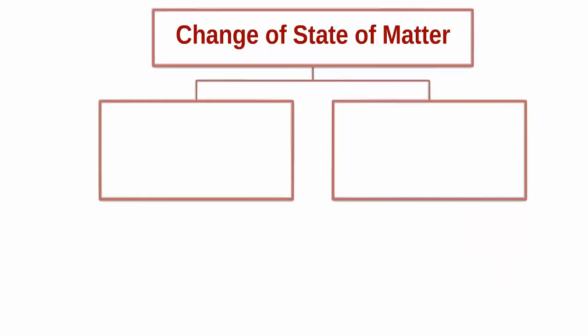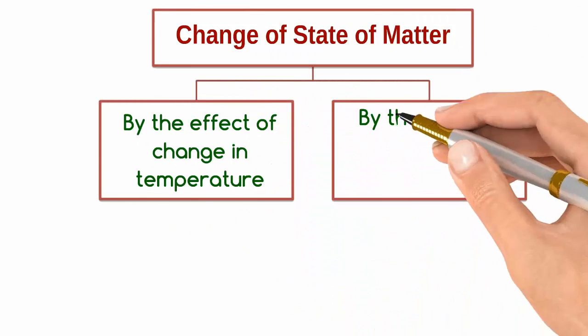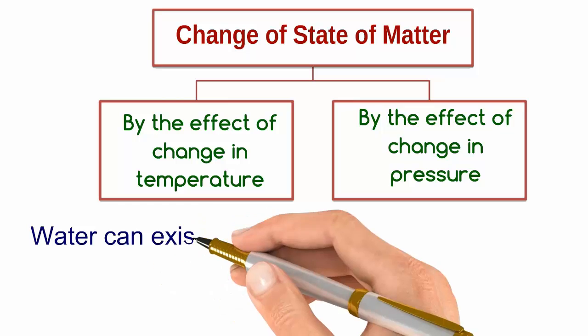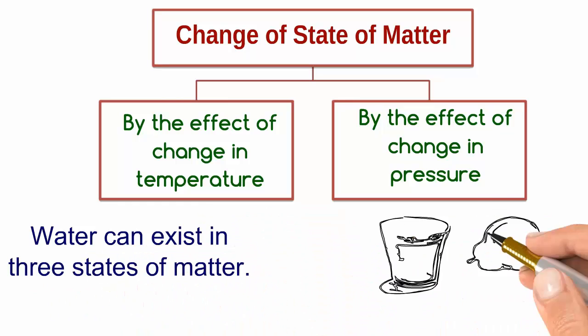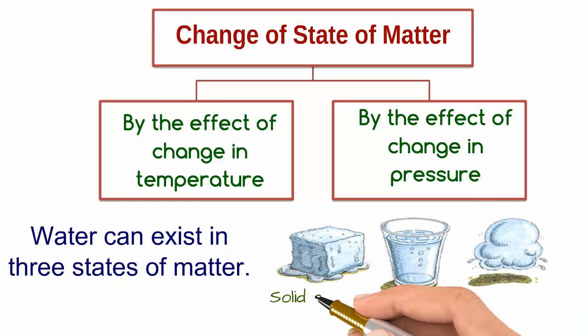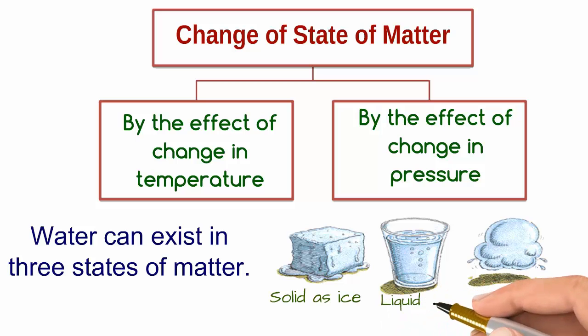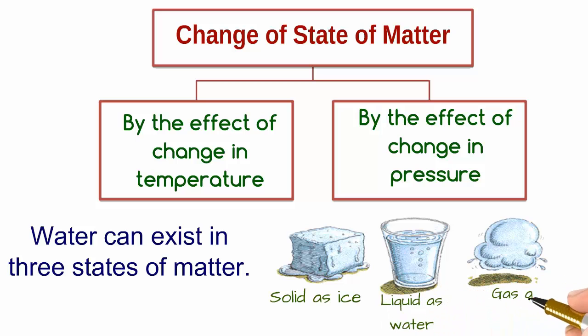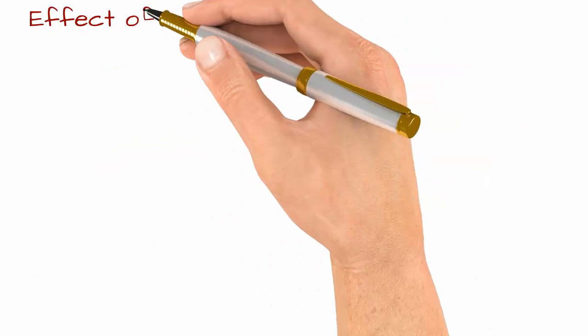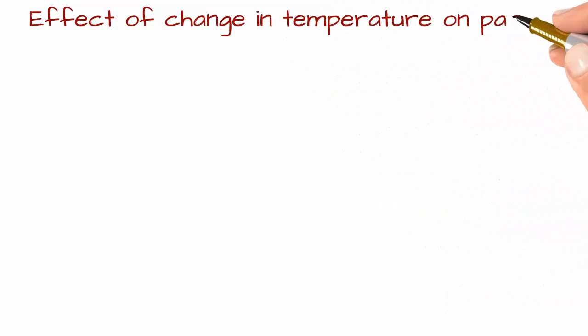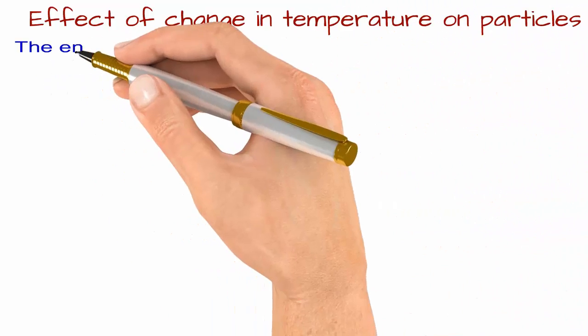Change in state of matter is affected by change in temperature and change in pressure. Matter exists in 3 states. In solid, it exists as ice, in liquid as water, and in gas as water vapor. Now we will talk about effect of change in temperature on particles.